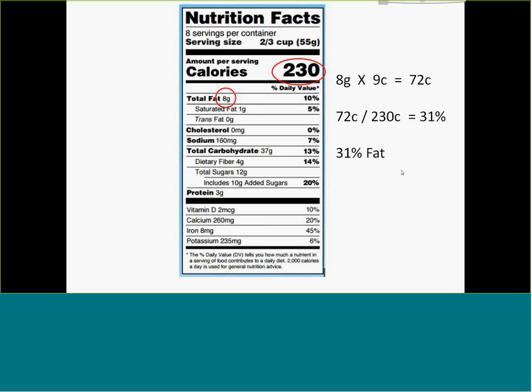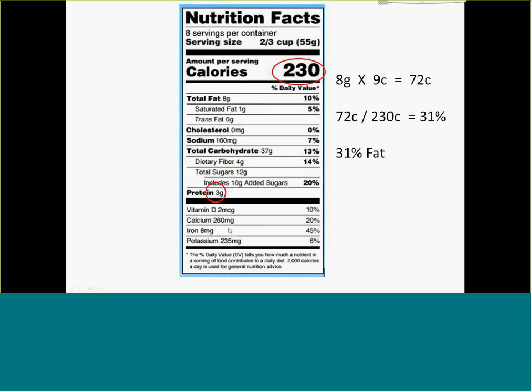So if you focus on foods that always meet your goals, then you're always going to meet your goals. I don't know how more simple I can say it, but it isn't always that simple. But the point is to look at these labels, find the foods that are going to help you meet your goals, and you'll be better off. So 31%, that's not really helping me with 30%.